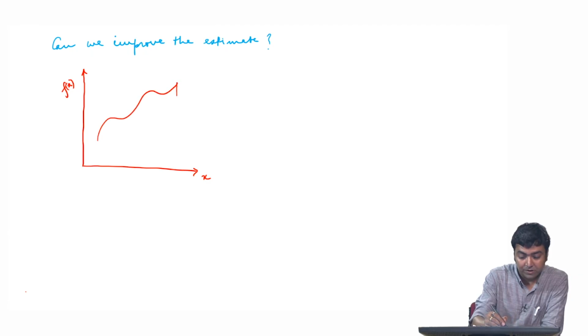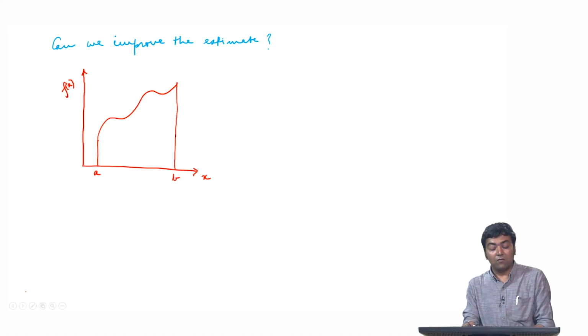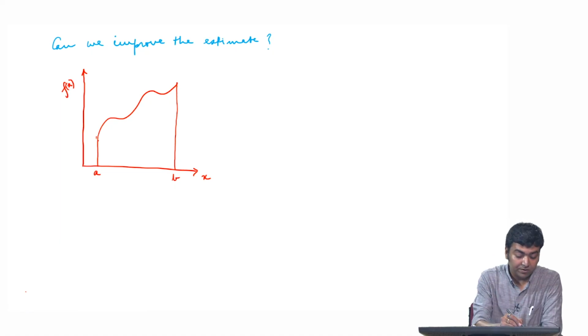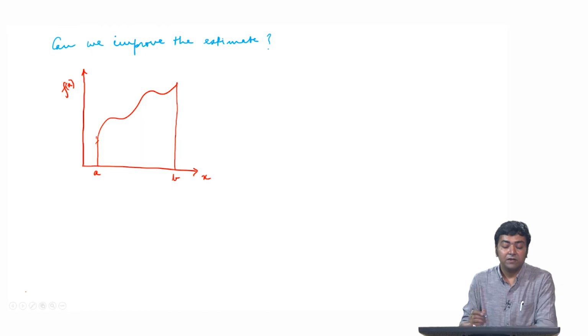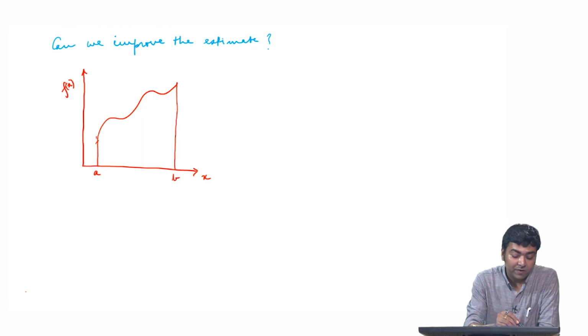Let us suppose it is something like this. Now, instead of taking the trapezoid by joining from A to B, I will divide my segment between A and B into smaller finite segments, something like this.